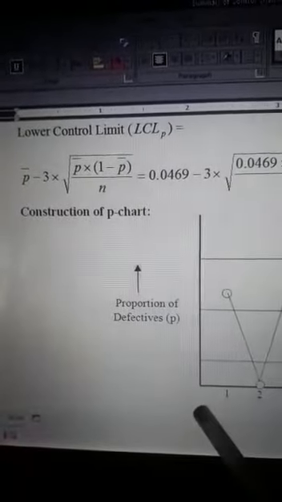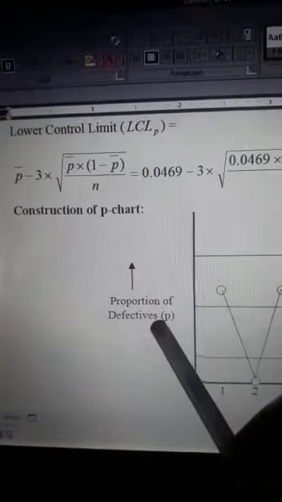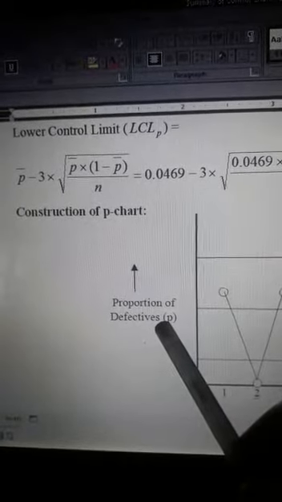Here the y-axis represents the proportion of defectives or fraction of defectives in each sample, and the x-axis represents the sample number. As there are a total of 8 samples in this question, I have divided the x-axis into 8 parts: sample number 1, sample number 2, sample number 3, sample number 4, sample number 5, sample number 6, sample number 7, sample number 8.